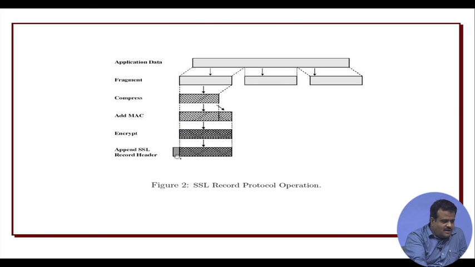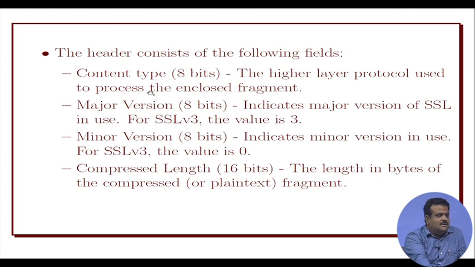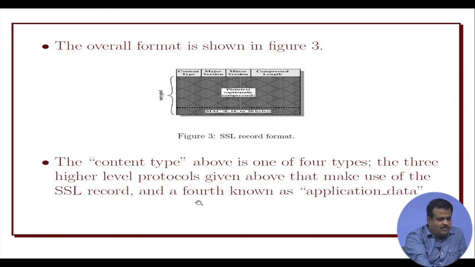So, this is the prepended header. It has 4 fields like this: content type, major version, minor version, and the length of the compressed message. So, this is the scenario. The overall format is shown here. This is our message, this is the compressed message, and on this compressed message we compute the MAC.